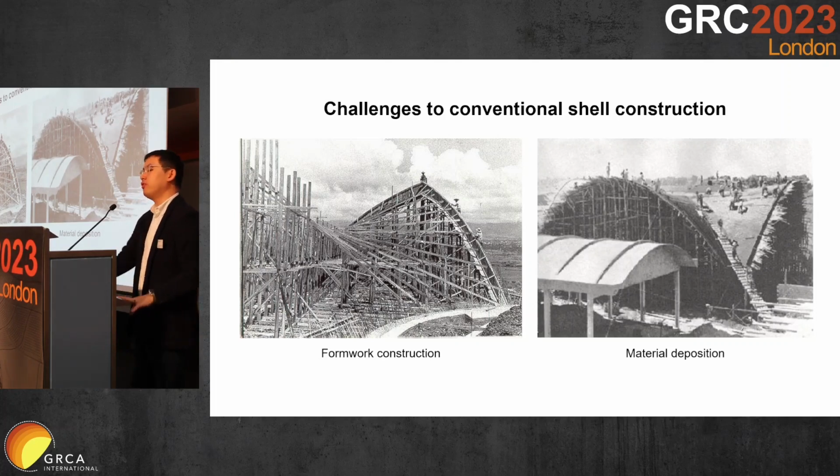It requires a lot of manual labor, a lot of traveling, all of which contributes to the fact that, because we have increased labor costs by and large in most countries, a lot of these forms have fallen out of use. So we're trying to solve these technical issues by bringing in robotics and digital fabrication methods.